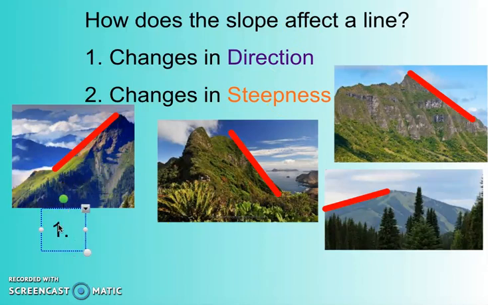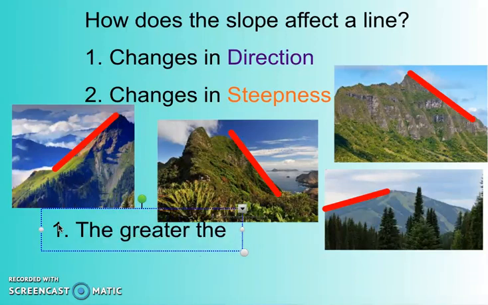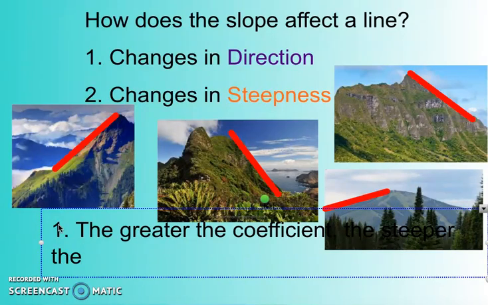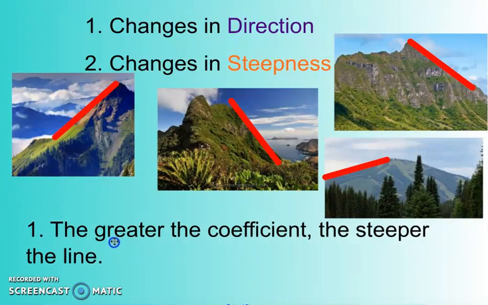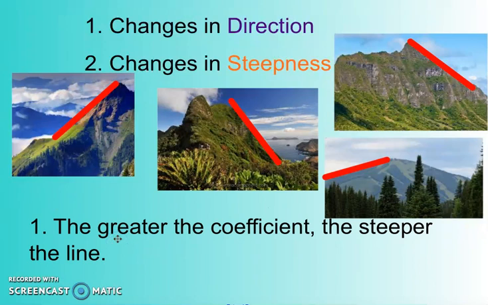The greater the coefficient, the steeper the line. When we had a 3 next to the x versus the negative 1/3, 3 is greater than 1/3, so it caused that line to be steeper.